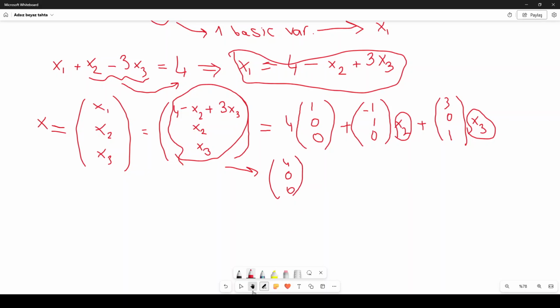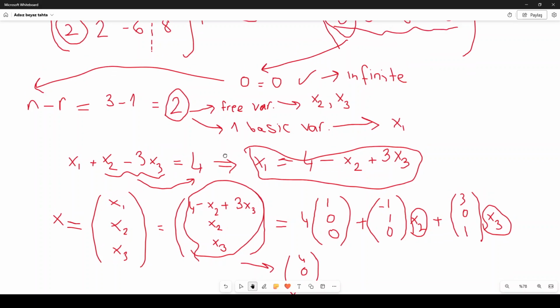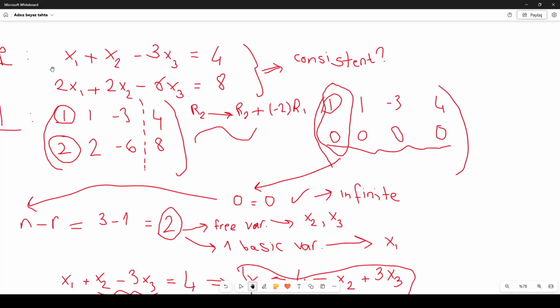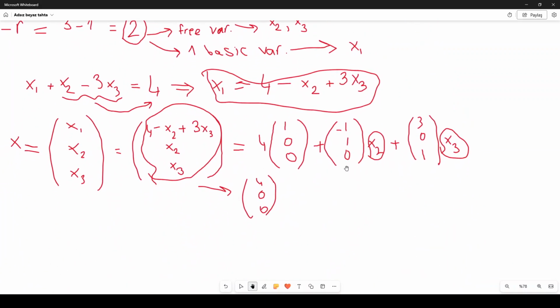This is just one solution. And if I plug it back here, if I put x1 equal to 4, and x2 and x3 equal to 0, then it is satisfied. And the same thing for the second equation. I can change the values of x2 and x3, and I can have an infinite number of solutions.